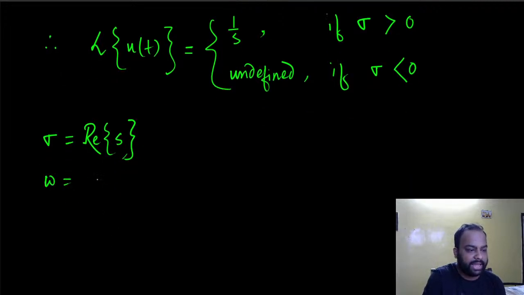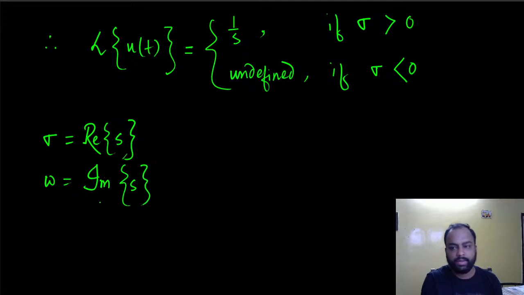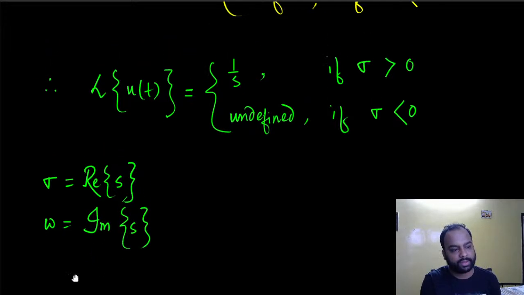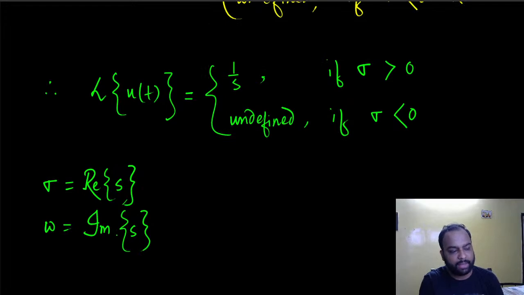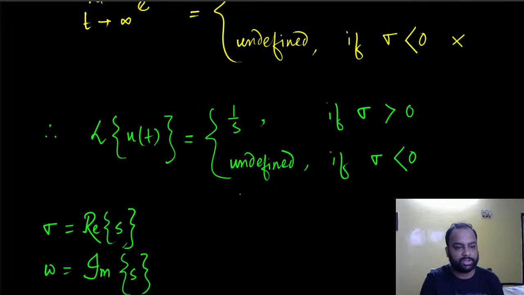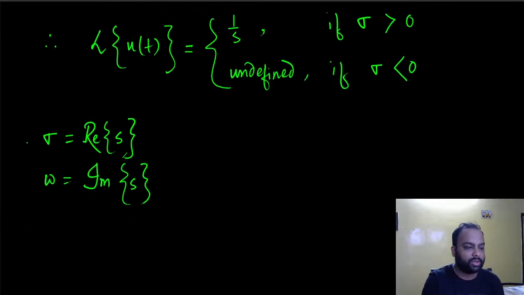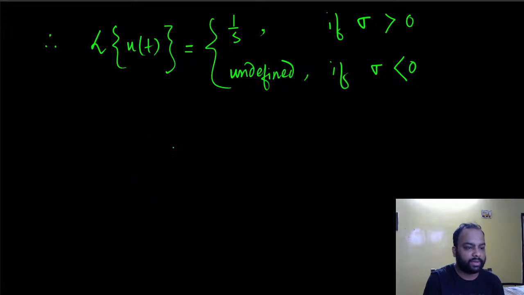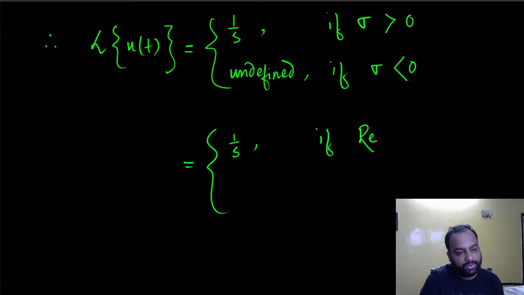And omega is the imaginary part of s. So that's the notation in complex numbers. We say the real part of s is sigma and the imaginary part of s is omega. So instead of writing sigma, there is a better way in which we can write this. This is going to be 1 by s if the real part of s is greater than 0. And what is the real part of s? That's just sigma.